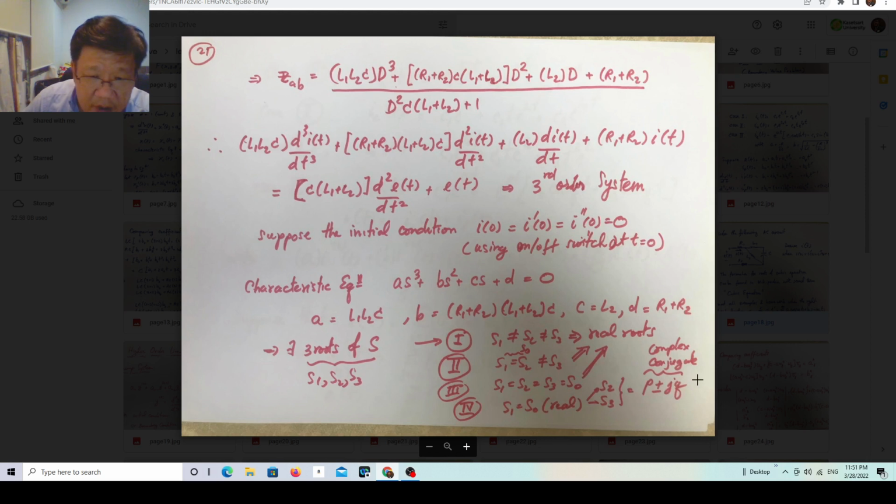In this type, I'm using p plus or minus j times q, where p and q are real numbers.